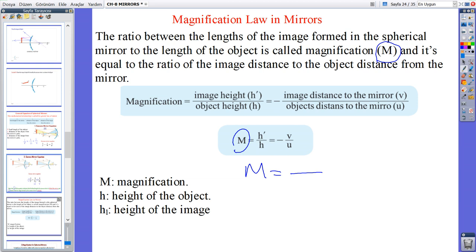And if you remember h prime over h, the height of the image over the height of the object, equals the ratio of the distances. Look at this, it is minus, be careful. When we are using the distances, we use minus the distance of the image over the distance of the object.